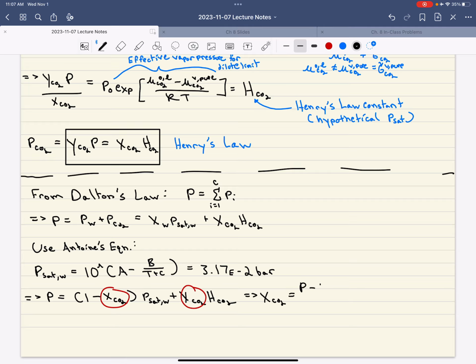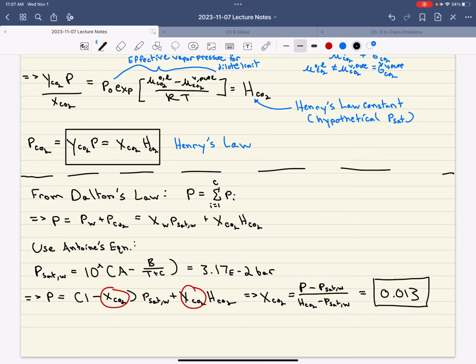P minus Psat, over H CO2 minus Psat W, and we find that the mole fraction of CO2 in the liquid phase is a little over 1%.